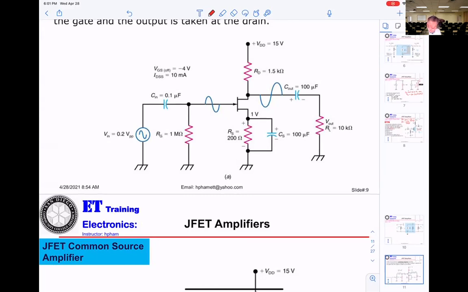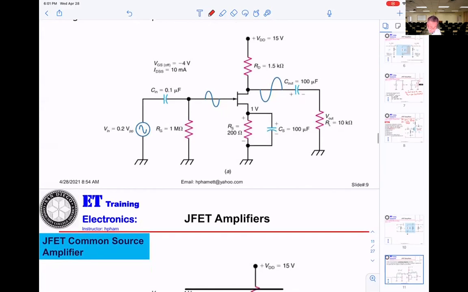When you look at the circuitry, you know there's a common source. Also, you can see this is the input and this is the output, and they will be out of phase, opposite.